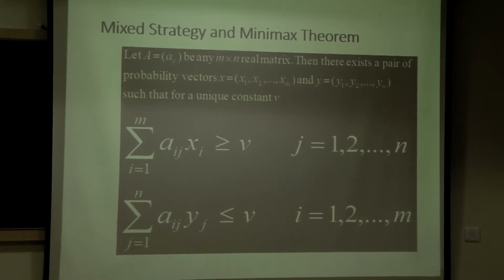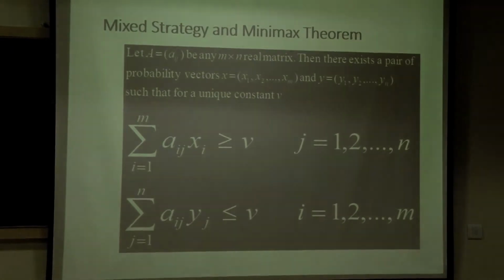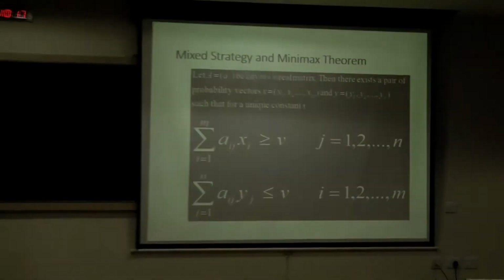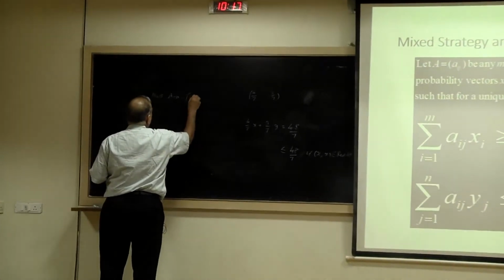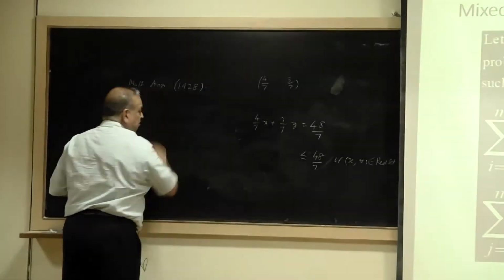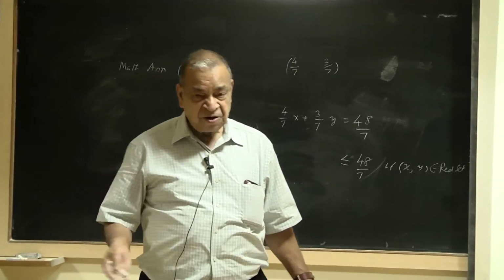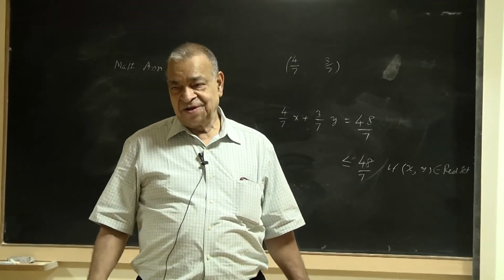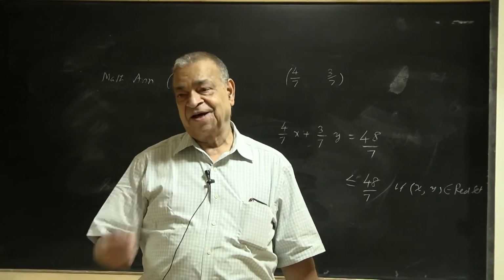If you look at this book, Contributions... no, not there. You should see Mathematische Annalen, 1928. The German journal, if you look at 1928, the long proof, for pages and pages it goes. He himself has struggled like anything to get this theorem.